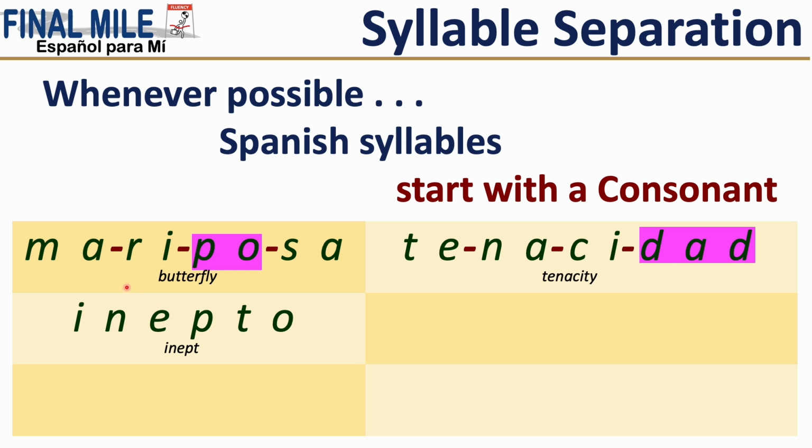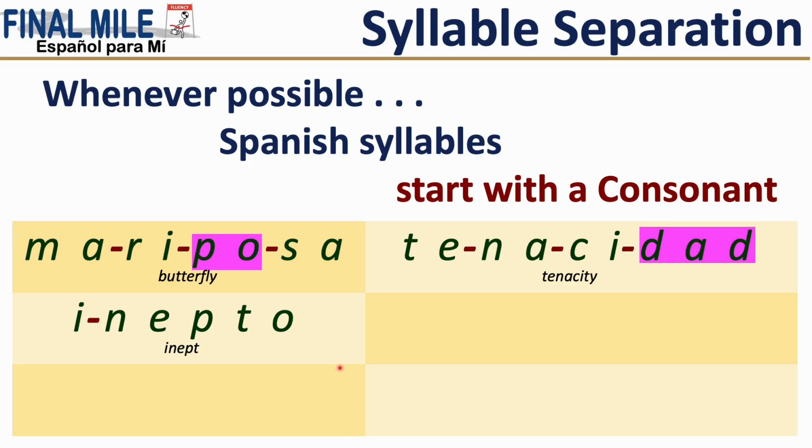We cannot have two vowels in the same syllable if they are not adjacent to each other, so the break is somewhere in here. If we put the break here, then we are unnecessarily starting a syllable with a vowel. So we are going to put the break here, ending up with a single letter vowel syllable. Okay?